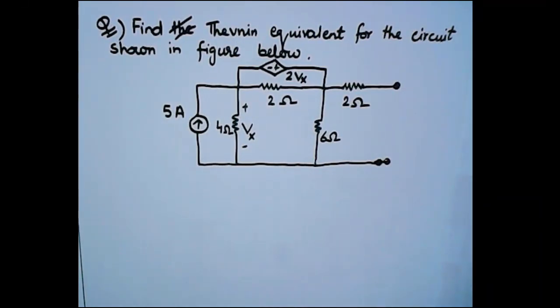First of all, the idea is to calculate VThevenin, because in order to find the Thevenin equivalent circuit, we need the values for the Thevenin voltage, that is VThevenin, and the Thevenin resistance, which is RThevenin. So first let's find out VThevenin. There will be no issue in that.